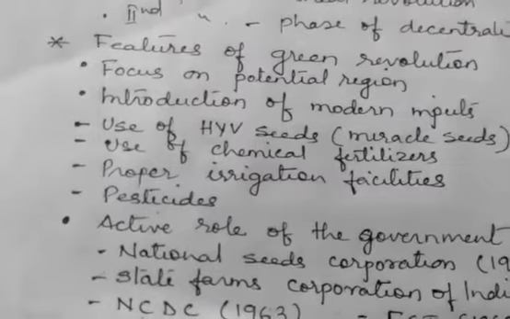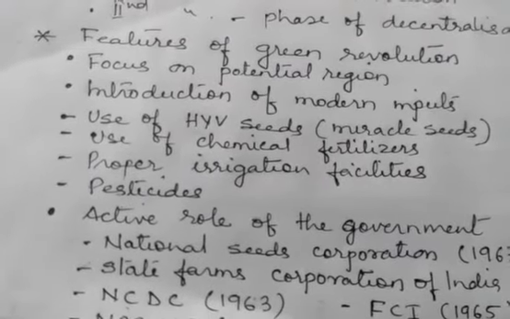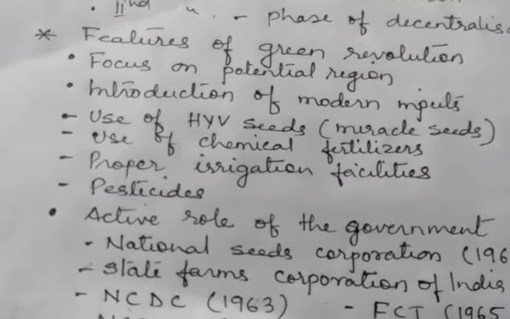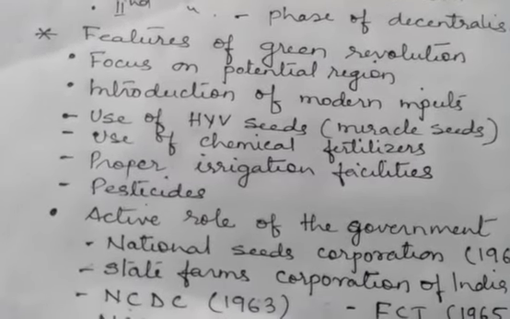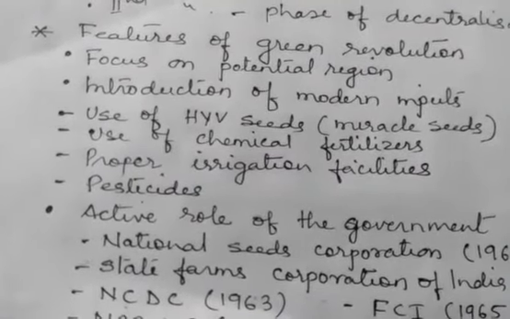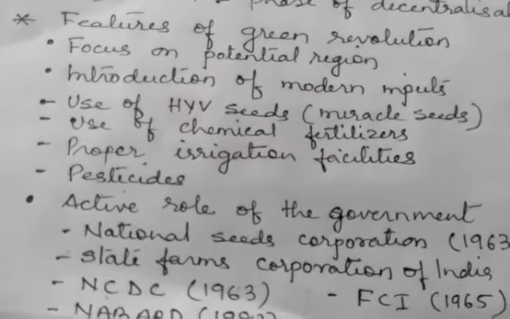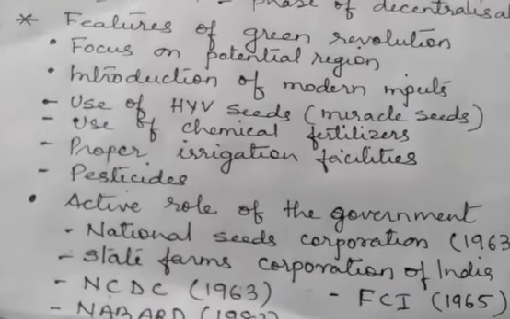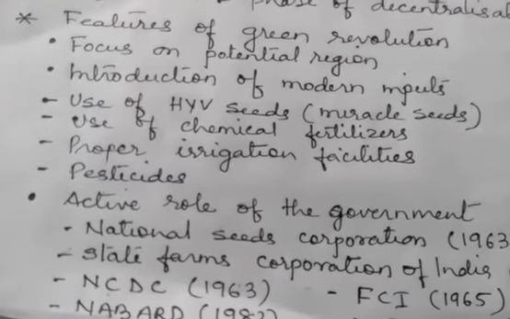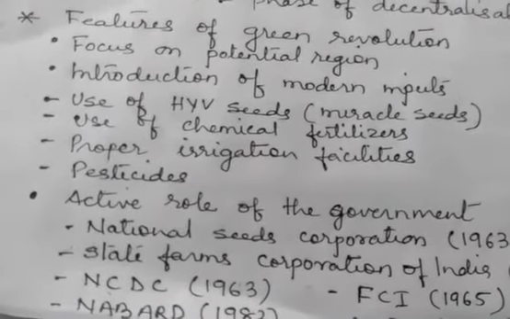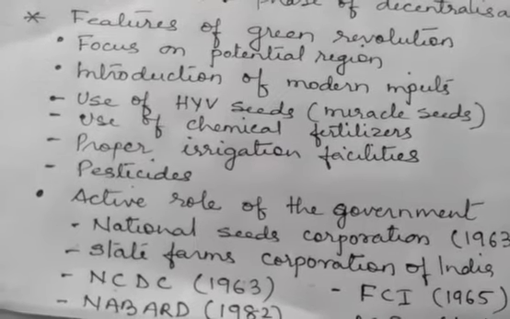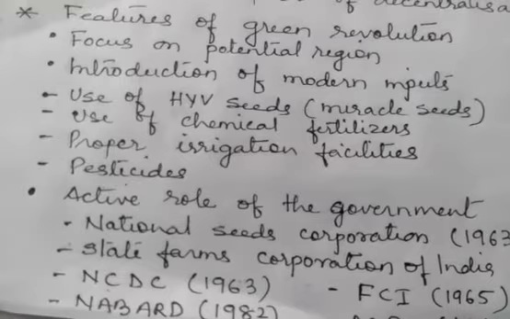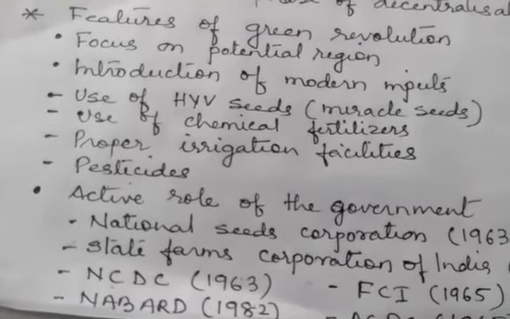Next is the use of chemical fertilizer. It focused and emphasized fertilizers and proper irrigation facilities. Earlier the farmers were totally dependent on monsoons for agriculture, but the introduction of other irrigation facilities like pump sets, tube wells, etc. helped the people to irrigate their fields properly and in time, thus bringing an increase in agricultural output.